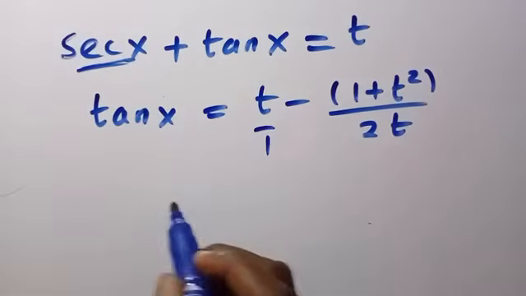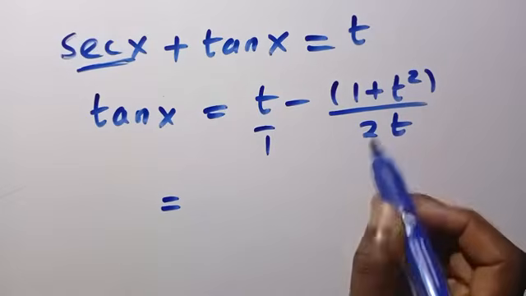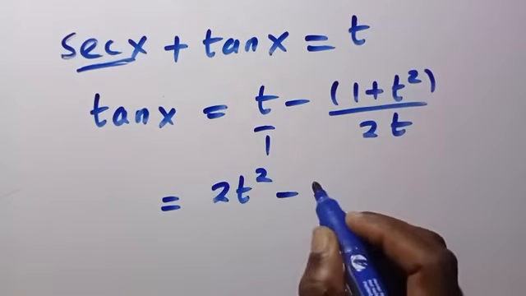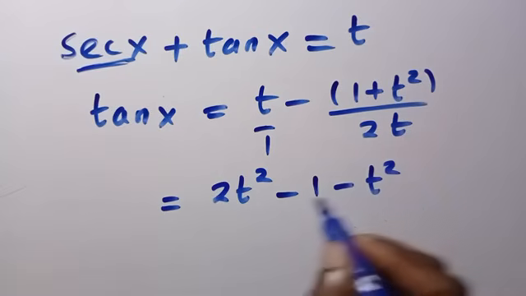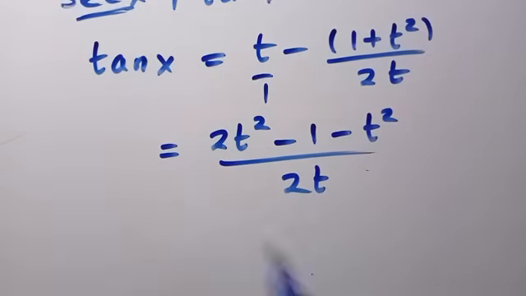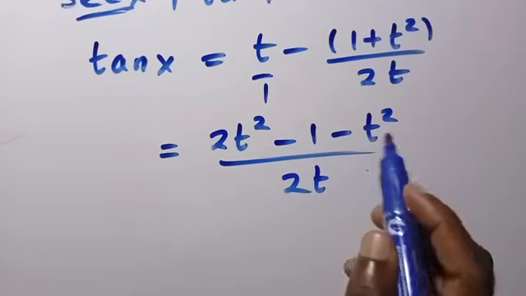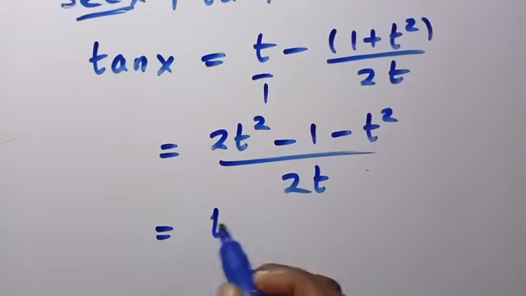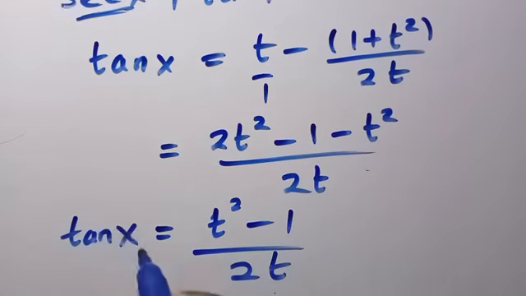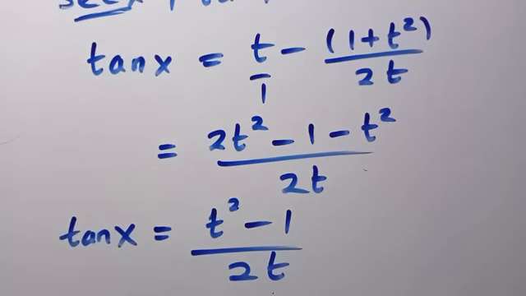If t is divided by 1, we have t multiplied by 2t, that is 2t squared minus 1 minus t squared, divided by 2t. Then 2t squared minus t squared equals t squared minus 1 divided by 2t. And this is the value of tan x. So we have gotten tan x and we have gotten sec x.